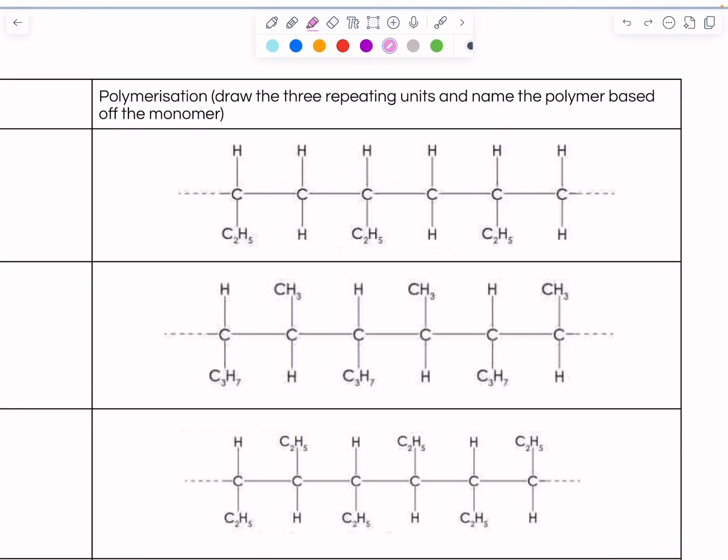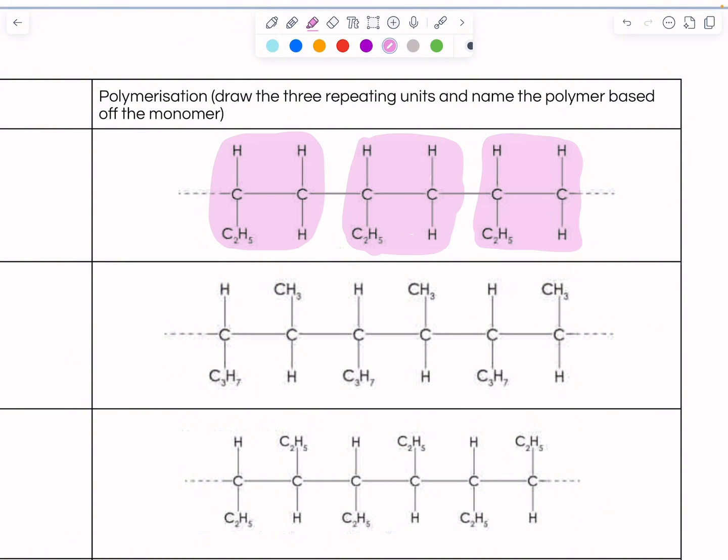So in one monomer, this is what we have, okay? Because then it starts all over again from here, okay? So we can identify that this is a single repeating unit that is occurring.